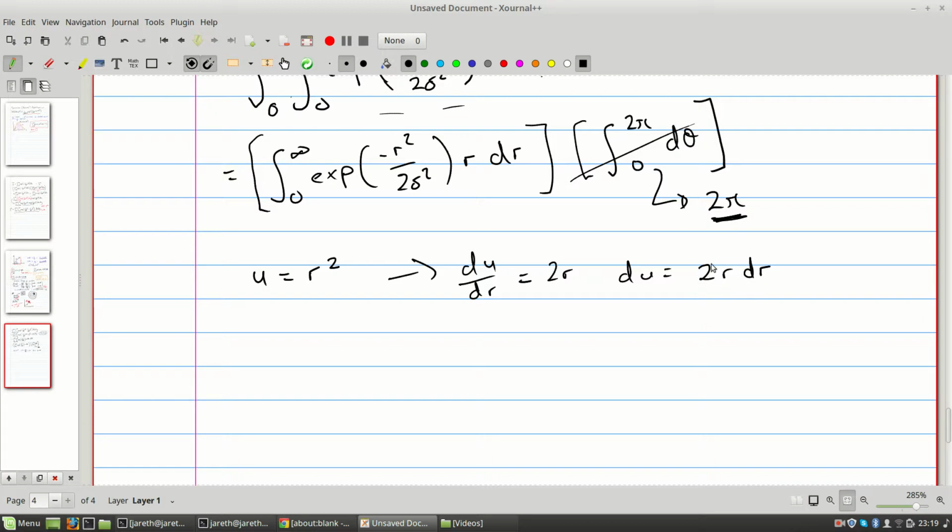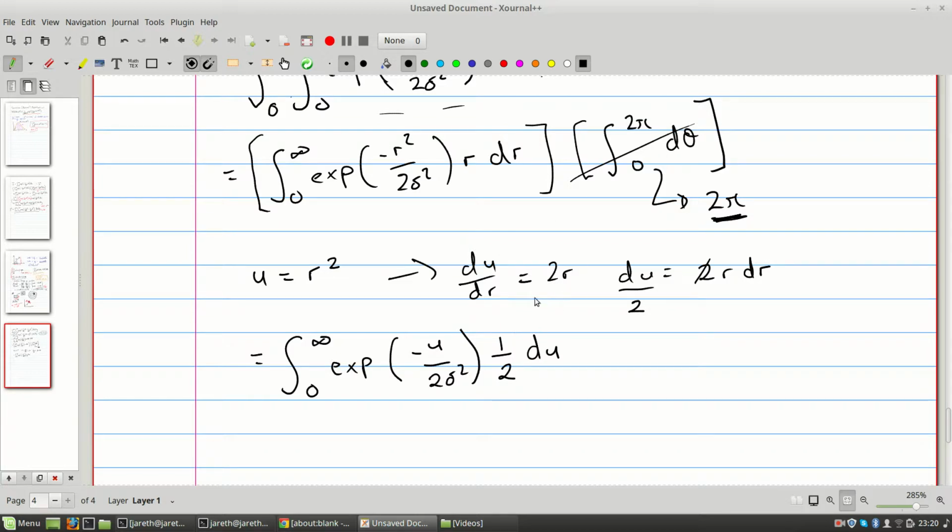And r dr becomes du over 2, right? Because we're going to substitute it here. So essentially we can say this is equal to the integral from 0 up to infinity of the exponential of, so instead of minus r squared, we now have minus u, because we substituted u to be r squared, divided by 2 sigma squared, and then multiplied by 1 over 2 du. So we should be able to do that at this point.